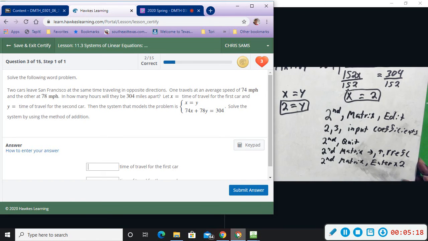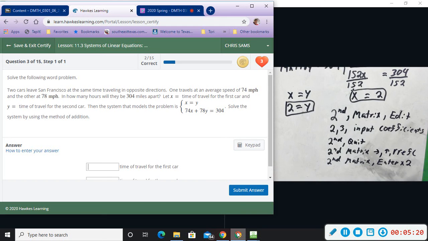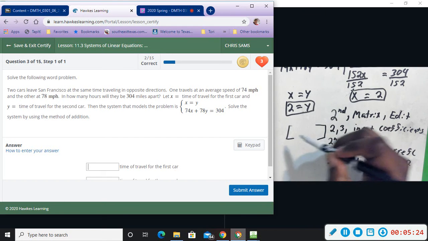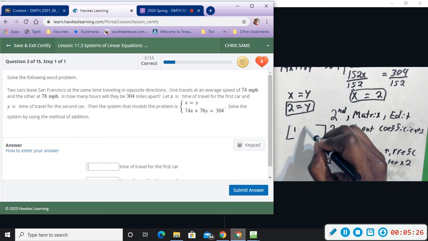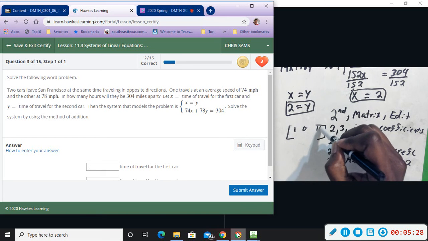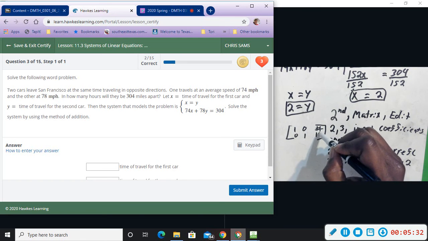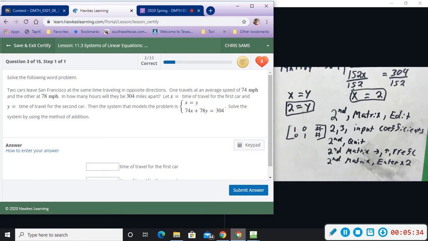All right, so this should output your matrix, and what you're going to see is something like this. You'll have a 1, 0, and then some number, and you'll have 0, 1, and then some number. Okay, I'm going to try to do this 2 or 3 times for you so you can have some practice.